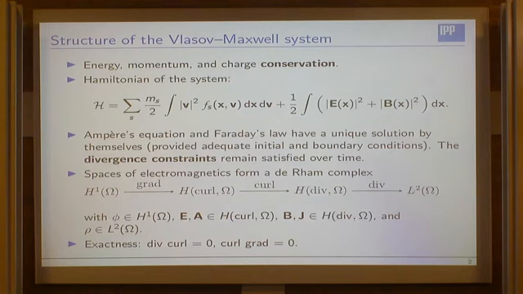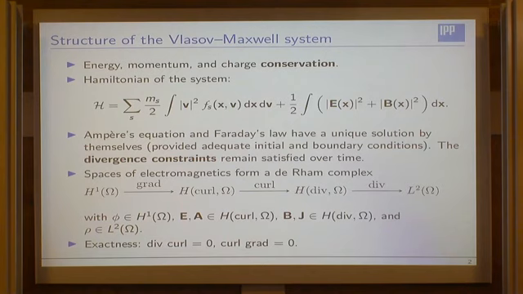Just a recap, we had many things on that already in Erwan's talk. As the most important conservation properties, I name energy, momentum, and charge conservation. If you look at the Hamiltonian of the system, we have the kinetic energy and the potential energy, and this energy is conserved over time.